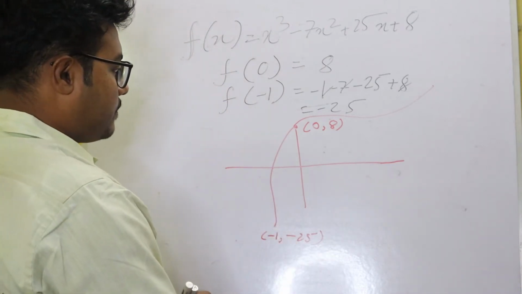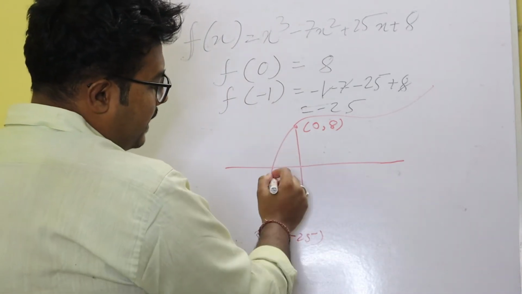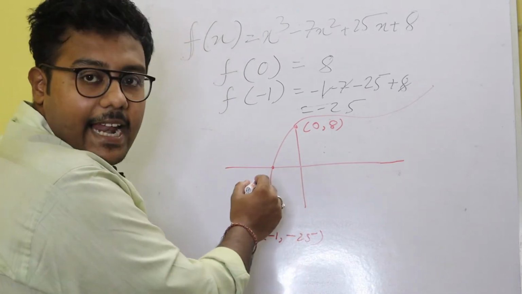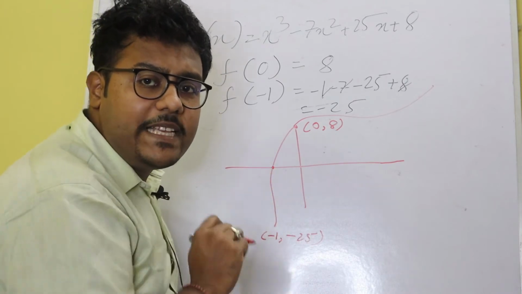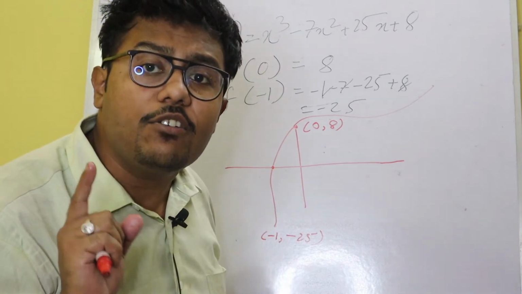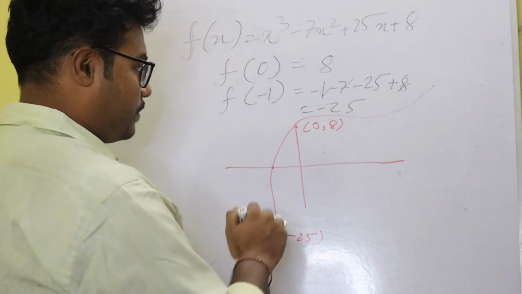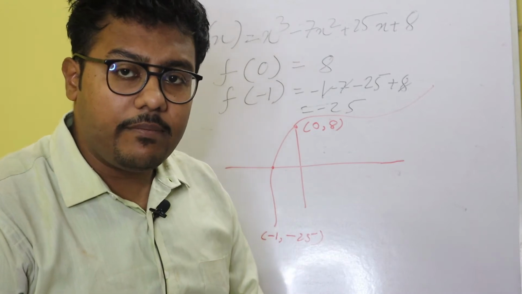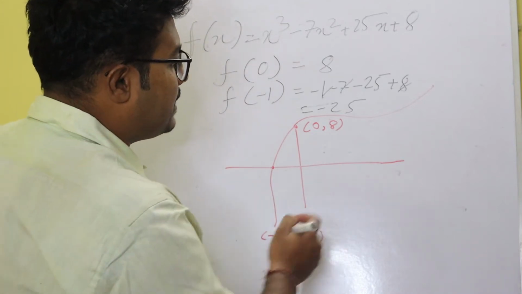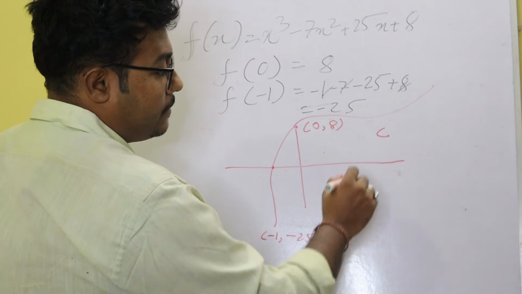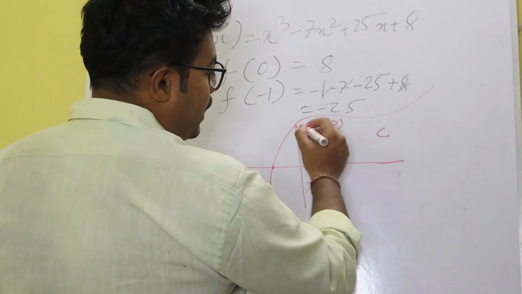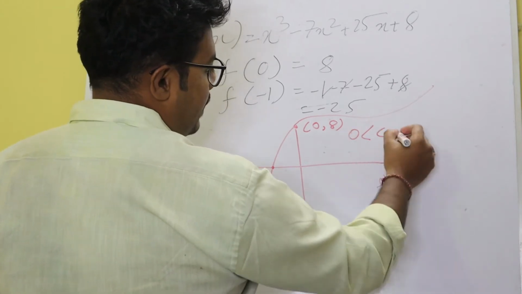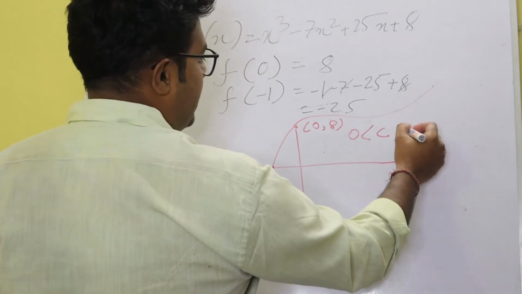Now, as we can see here, there is at least one real root. Here we are getting this function as 0, which means that there is at least one real root of this function. Now, as I have discussed in the intermediate value theorem, there will be a value c between a and b. What is a? A is 0 and what is b? B is minus 1.